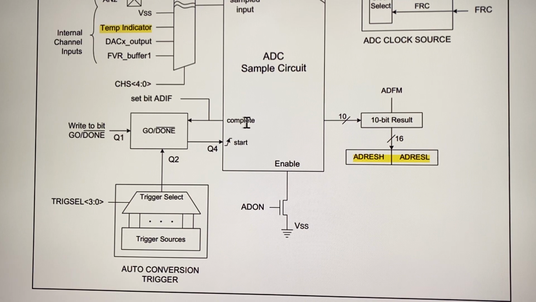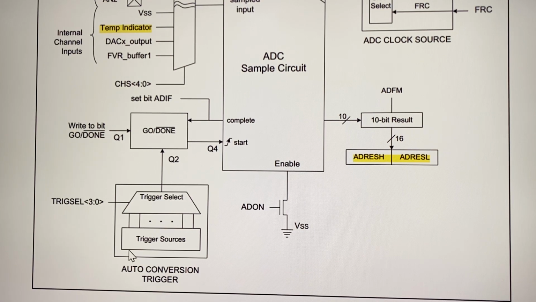So when the conversion is complete, you can read that bit, and then you are ready to read or use the result and do other operations. Or you can wait 5 microseconds, but it is not convenient. It is more convenient just to determine when this bit changes. That way we know that the result is ready.